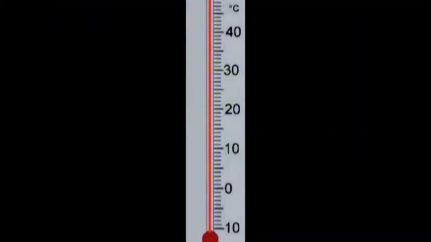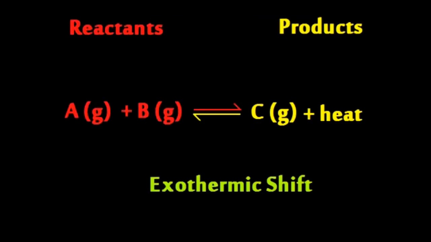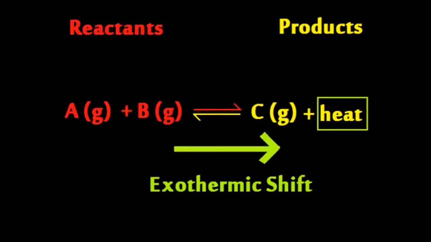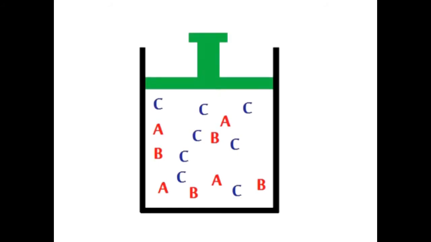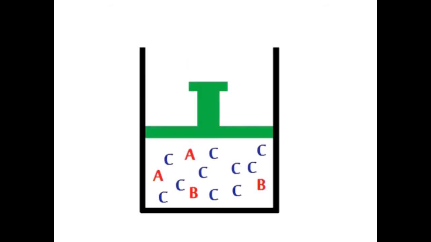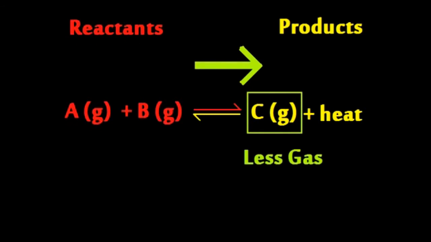If you cool the system down, it's an exothermic shift, towards the side with heat. The temperature will lift. If you raise the pressure, the side with less gas will score.